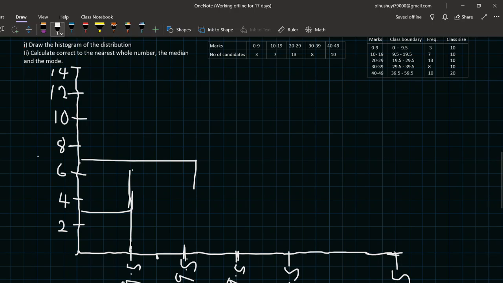Then I will clean this. Go back to this. Since we are dealing with 7, that's 7. Then the next one, 19.5 to 29.5, 13. That's 13. This is 13.